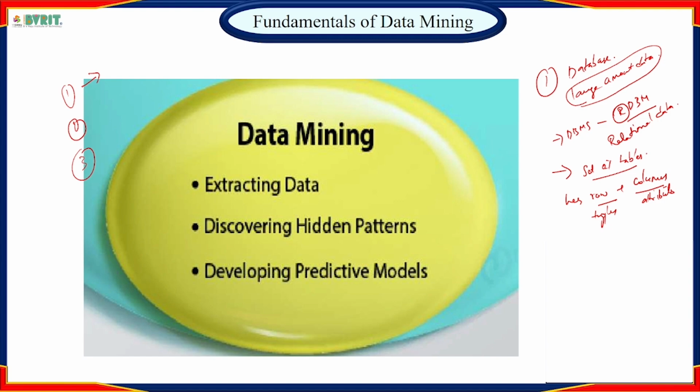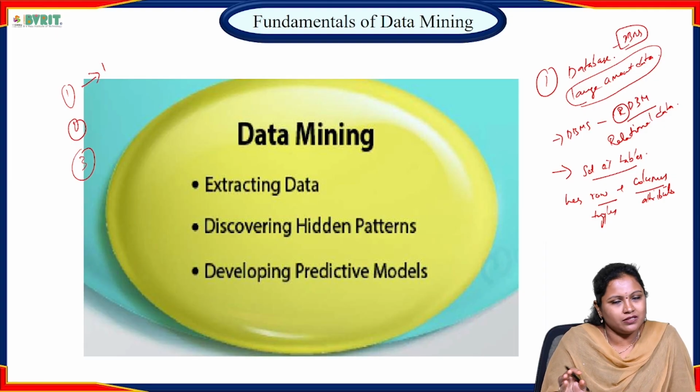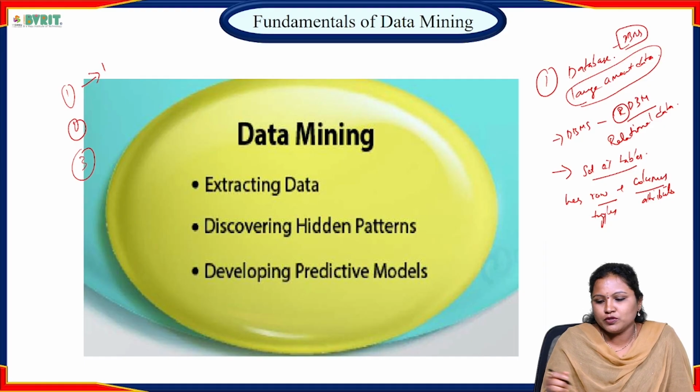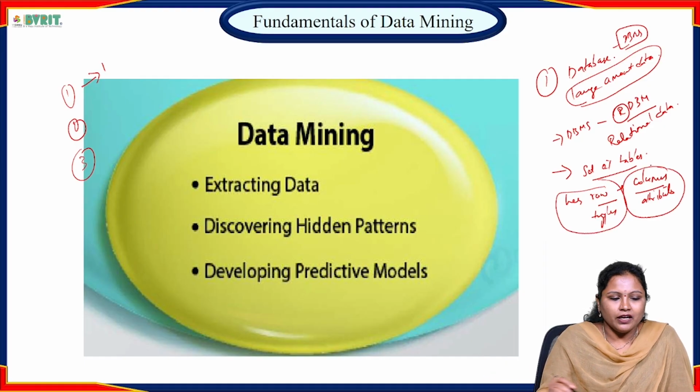a large amount of data. In DBMS, this database we also call DBMS. In DBMS, the data is in the form of a relational DBMS, that is, the set of data will be in the form of tables, nothing but rows and columns. Rows are called tuples and columns are called attributes.